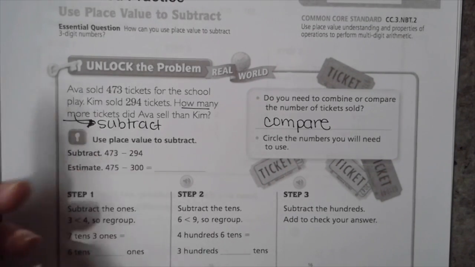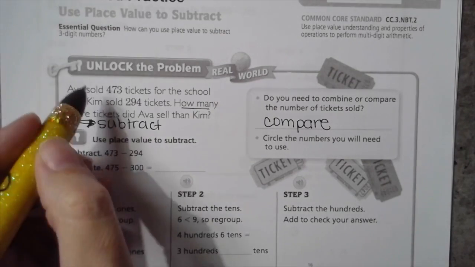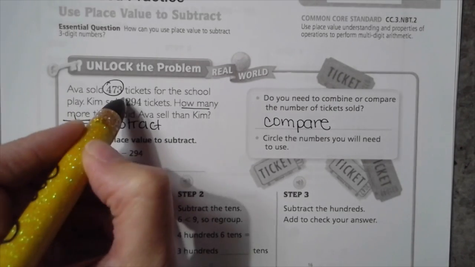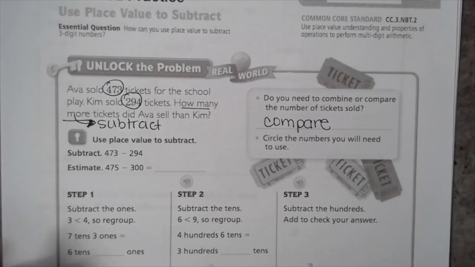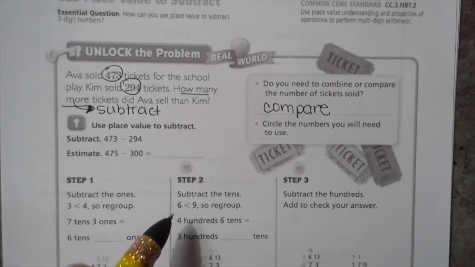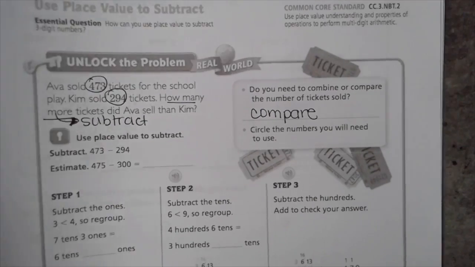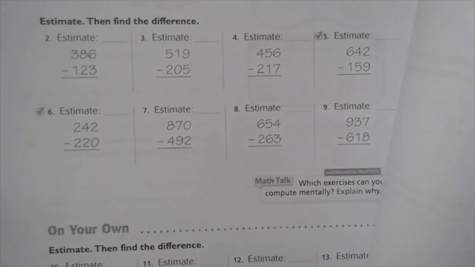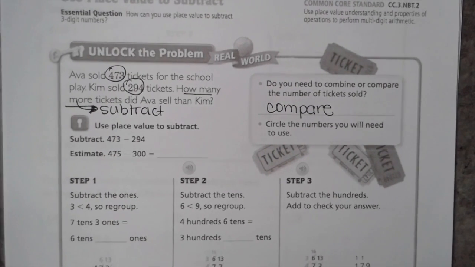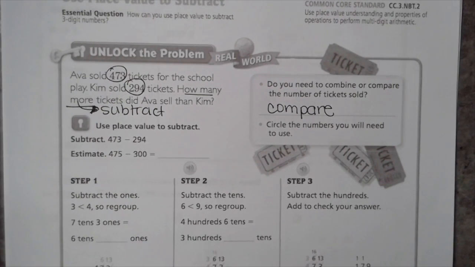Let's use this strategy. So 473, 294. Okay. So do we have to estimate for this one? We do. Oh boy. Okay.